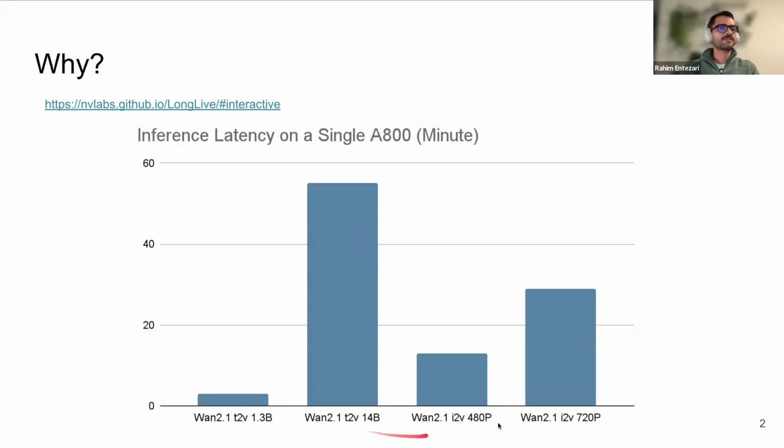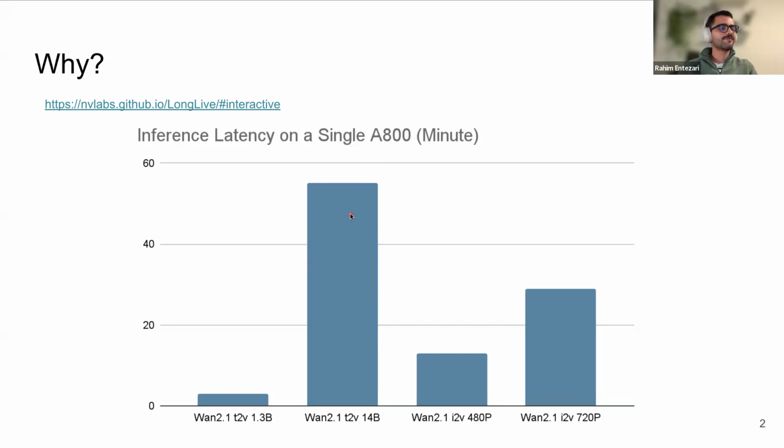You can see different versions on different resolutions and sizes. This one, 2.1 text to video 14B, is about 1 year old, and takes about 1 hour to generate only a 5-second video on a single GPU, which is drastically long.